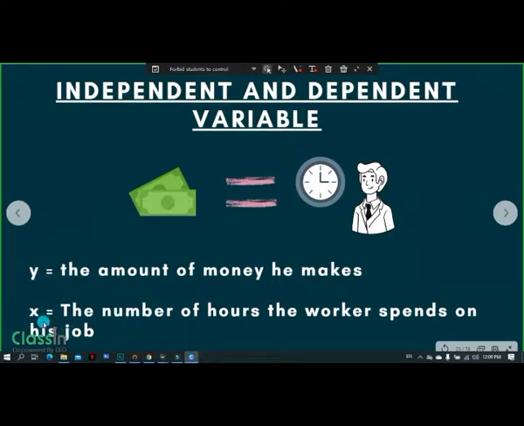So, pag hindi ka nagtrabaho, hindi ka magkakaroon ng sahod. Okay? So, si y ay nakadepende kay x. Kasi, pag nawala yung x, pag hindi ka nagtrabaho, hindi ka din magkakapera. Nakukuha po? So, meaning, meron silang relationship. Okay?